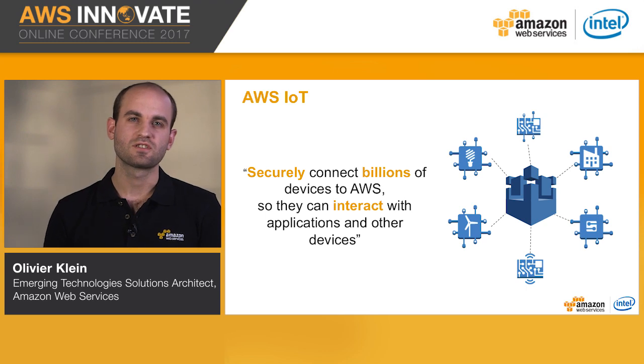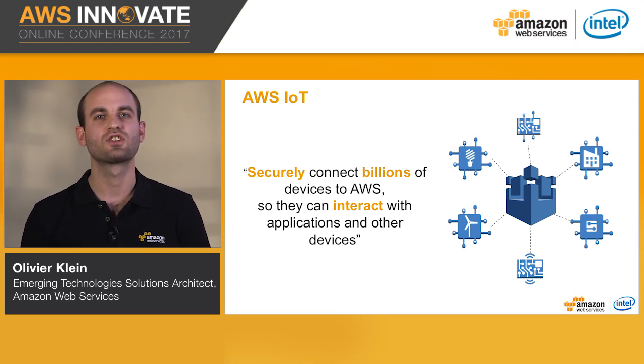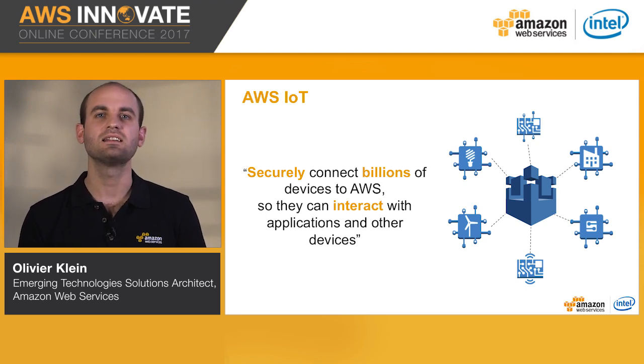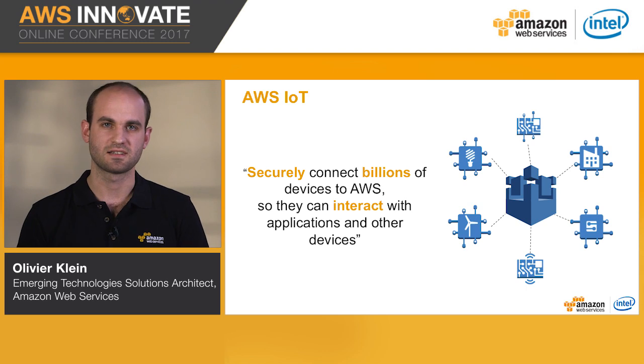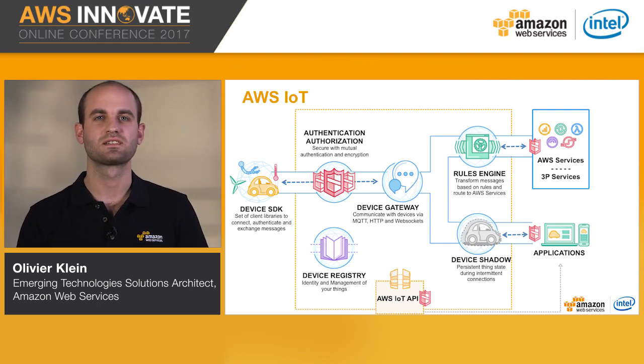Today we will focus on AWS IoT. AWS IoT allows you to securely connect billions of devices to AWS so that they can interact with applications and other devices. Let's zoom into the details of this service. AWS IoT is comprised of different elements. The device gateway that allows you to connect devices securely in an authenticated and authorized manner.